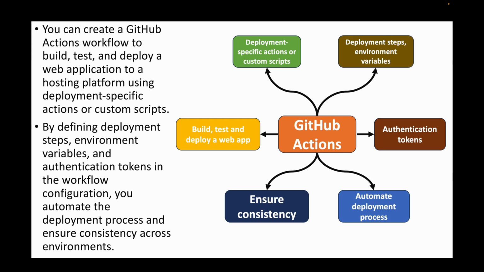So basically, you will be writing a YAML file with all of your steps, the deployment steps, and making sure we have all the necessary authentications, the environment variables, and all the steps. We can automate our deployment process to various environments by making use of GitHub Actions.